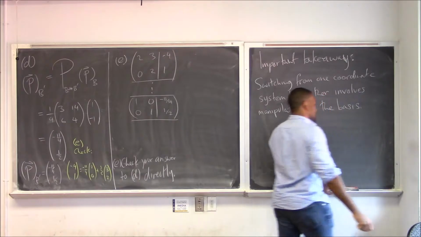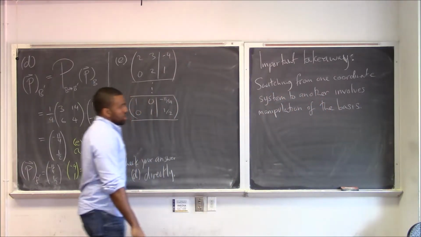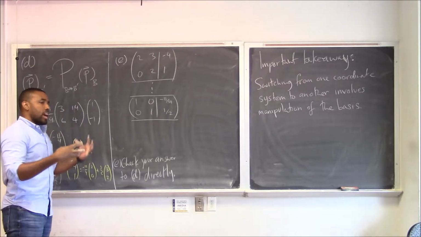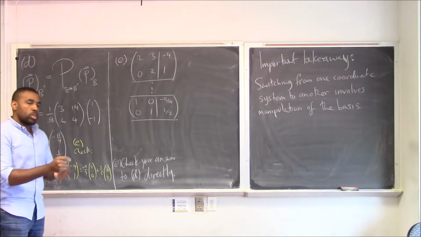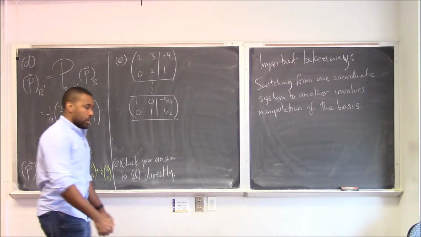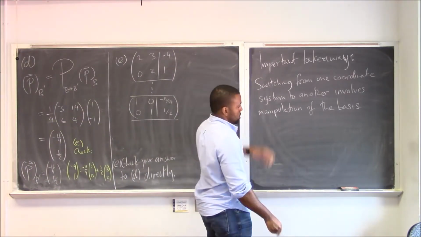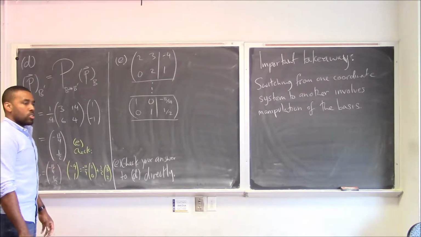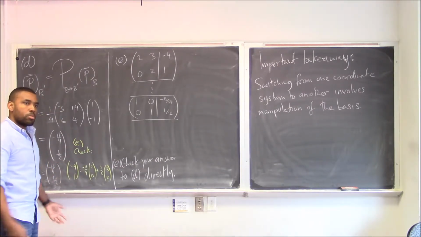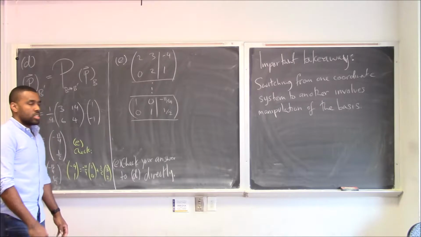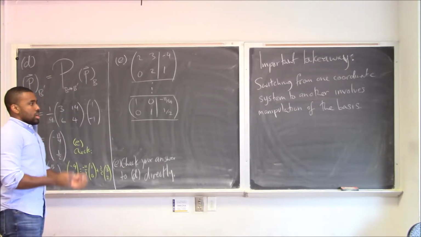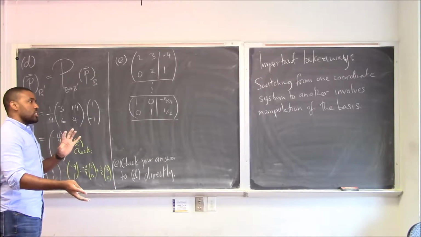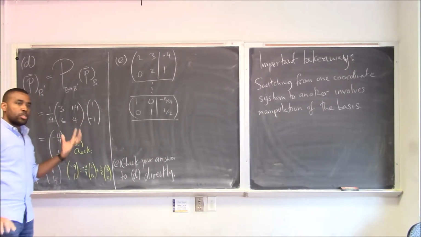So this is the idea that I can change the entire way I'm looking at the world by only manipulating a few things, right? I can look at the vector space Rn. If I just take n vectors out of Rn, so Rn contains an infinite number of vectors, but I can take n of them, just a finite number, and by tweaking those, I can really rearrange the entire space itself.